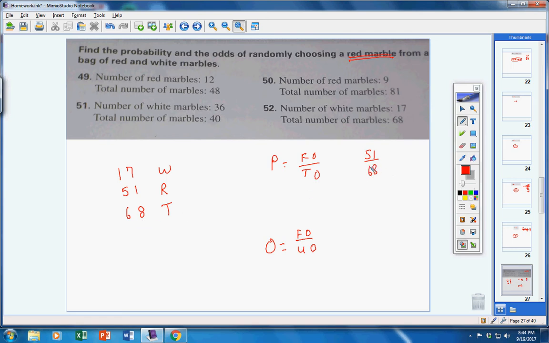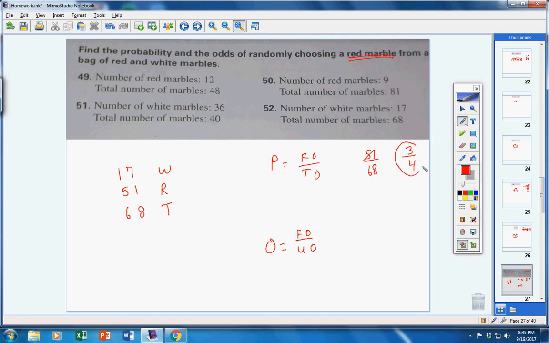Alright? Now, anytime you can reduce fractions, you need to do so. And let's see. 17 goes into both of these numbers. 17 goes into 51 3 times, and 17 goes into 68 4 times.